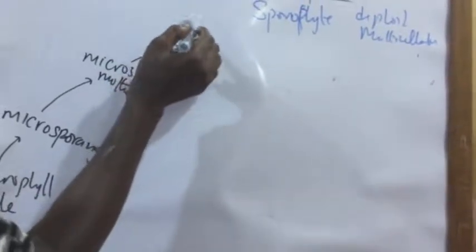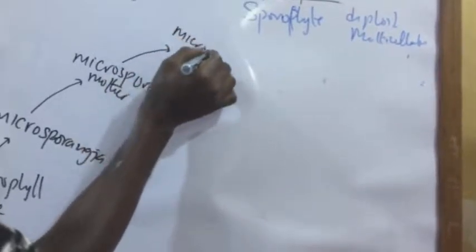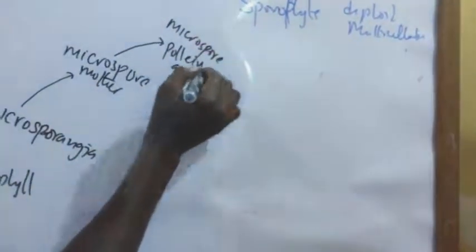The microspore mother cell then produces what is known as the pollen grain or microspore. Another name for microspore is pollen grain.